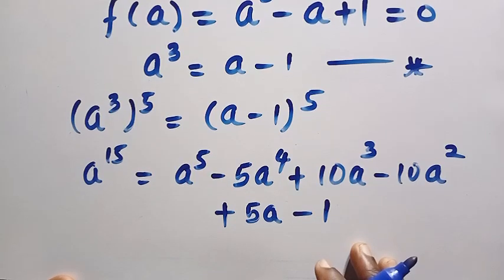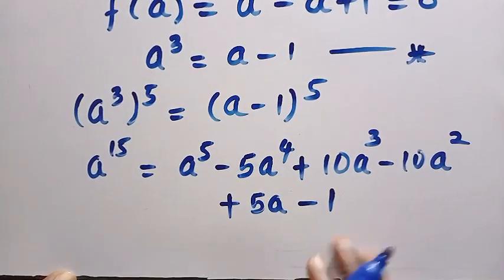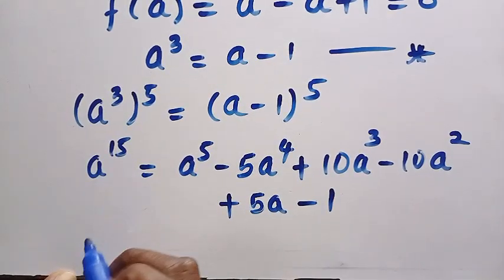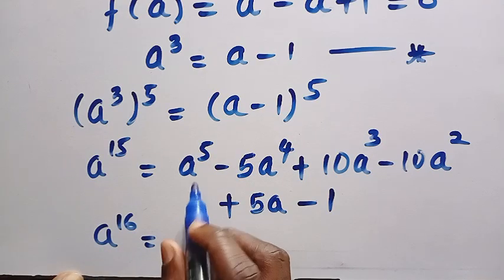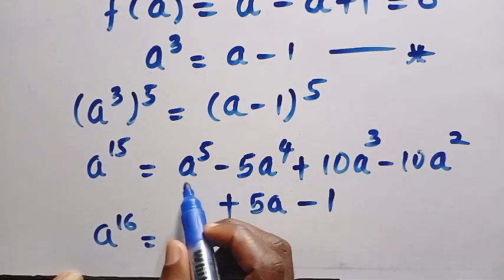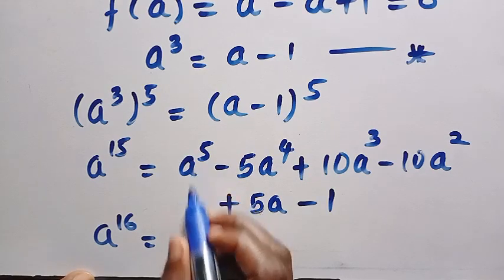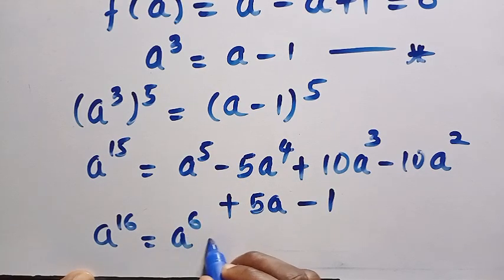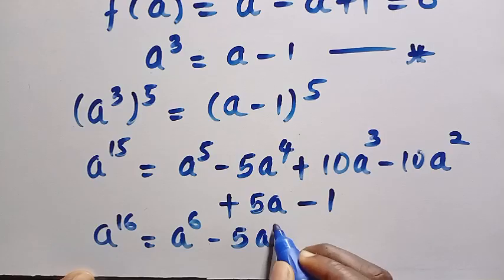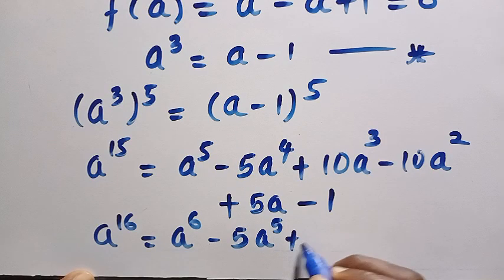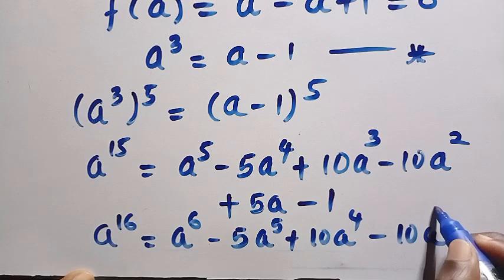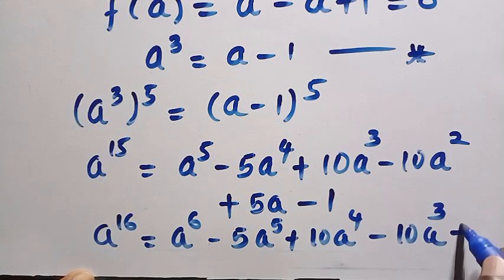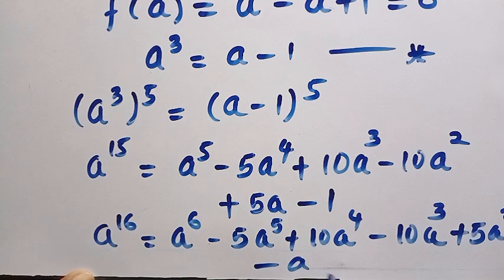Then we need to get a raised to the power of 16. So we just multiply this a raised to the power 15 by a. Every single term here will be multiplied by a, and we have a raised to the power 6 minus 5a raised to the power of 5 plus 10a raised to the power of 4 minus 10a raised to the power of 3 plus 5a raised to the power 2, then minus a.